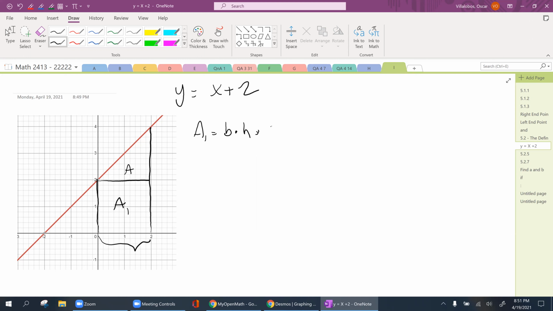That is 2 times 2, this is 4. And we'll call area 2 that triangle, where the base is 2. It's base times height over 2, so this is base of 2 times height of 2, between 4 and 2. This is the distance of 2, and it's a triangle, so this is divided by 2. In other words, this gives me 2, meaning the total area under that curve is 6 units squared.